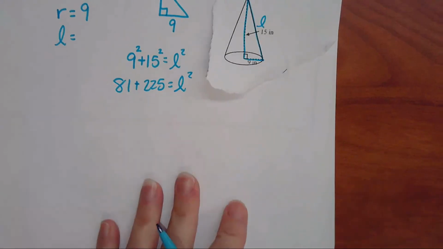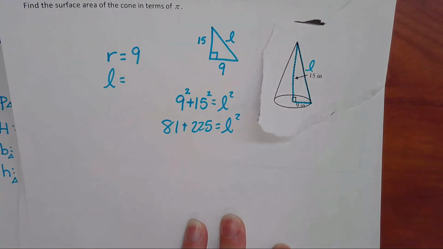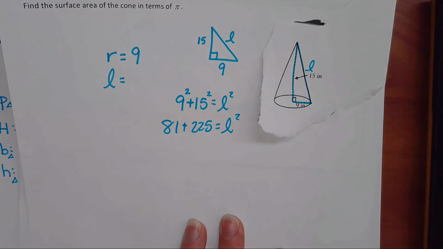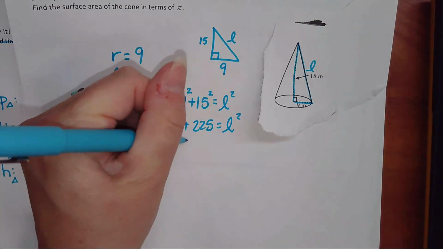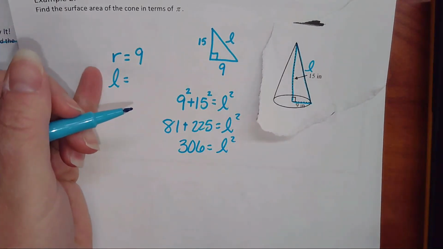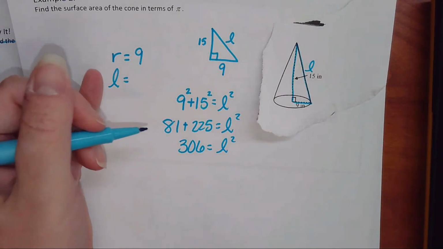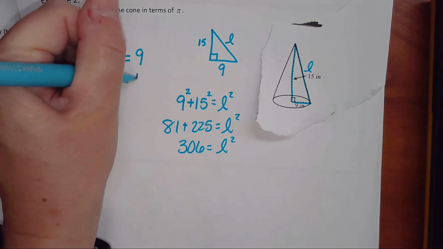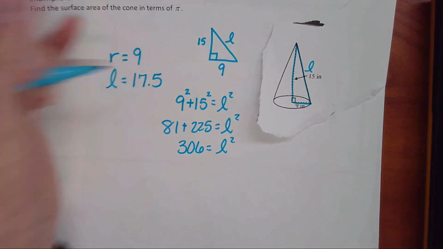Add those together. You get 306 equals slant height squared. Then you take the square root. Again, use your decimals, take the square root, and you would find the slant height to be 17.5.